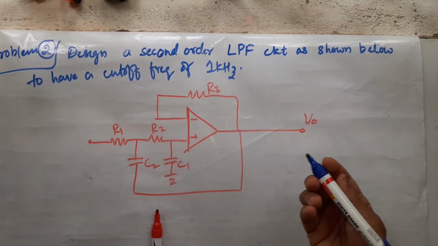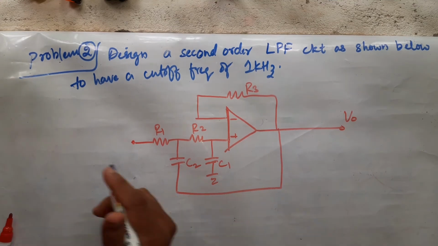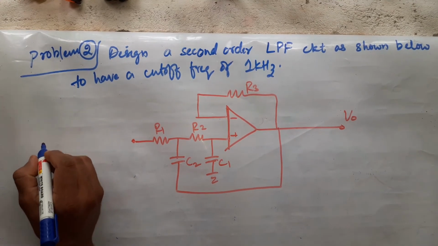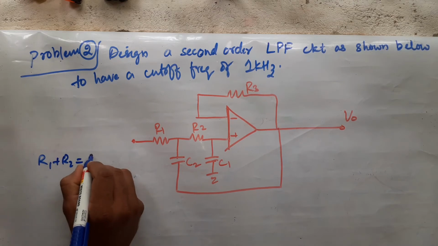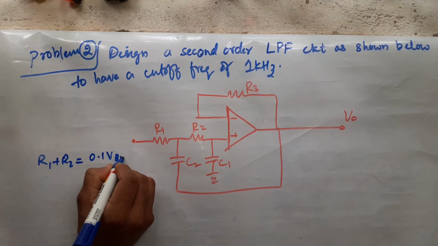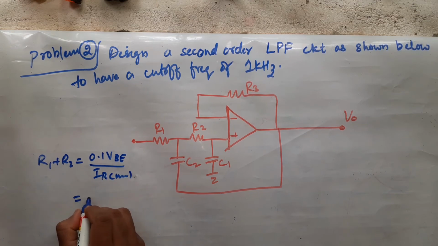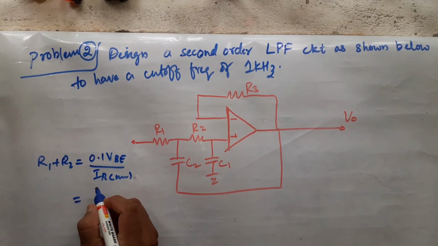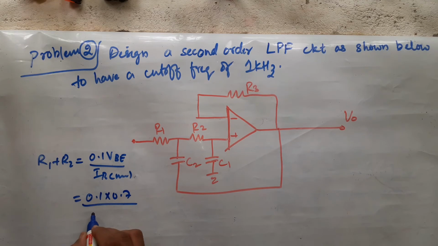What we have, first one to find: input side R1, R2, R3, right? We know that R1 plus R2 equal to 0.1 VBE by IB max. This is nothing but, yesterday we have calculated this. 0.1 VBE is 0.7, IB max is 500 nano, 10 to minus 9 amperes.